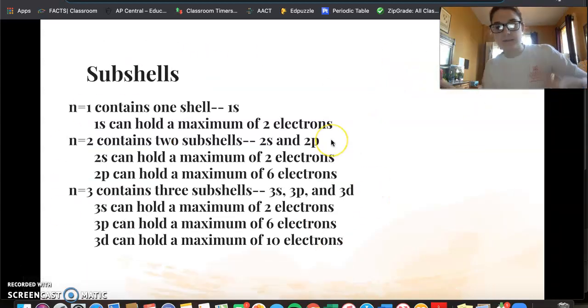So this kind of recaps that, and this is a slide that we did see in the last presentation. 1s can hold maximum 2, 2s can hold 2, while 2p can hold 6, so n equals 2 can hold a total of 8 within its 2 subshells. And then n equals 3 contains 3 subshells and can hold a total of 18: 2 in 3s, 6 in 3p, and 10 in 3d.